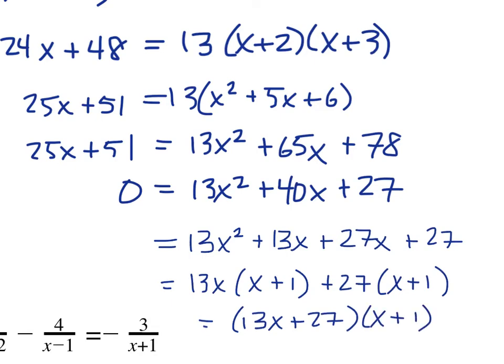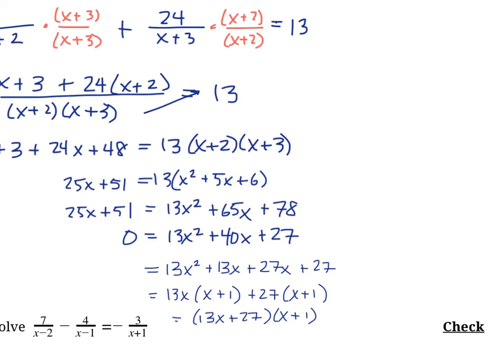There we go. So zooming back out here again, what are our solutions from this? Well, from that left one, 13x plus 27, that tells us that our solution x must be negative 27 over 13. That should be a 27, not a 20, whatever that was.